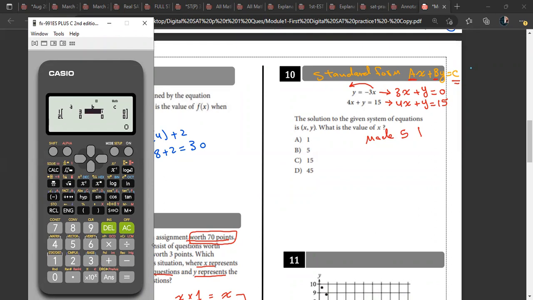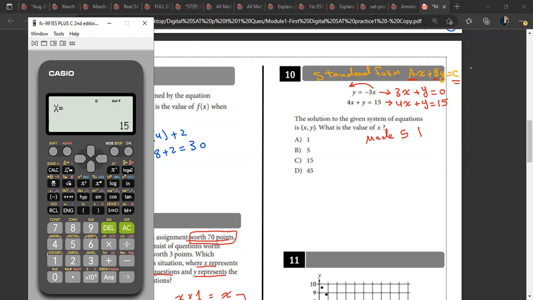Then y has coefficient of 1, 1 equal. Then 0 equal. Then the second equation, 4 coefficient of x equal. Then 1 as coefficient of y. Then the last part, 15 as constant for the second equation.